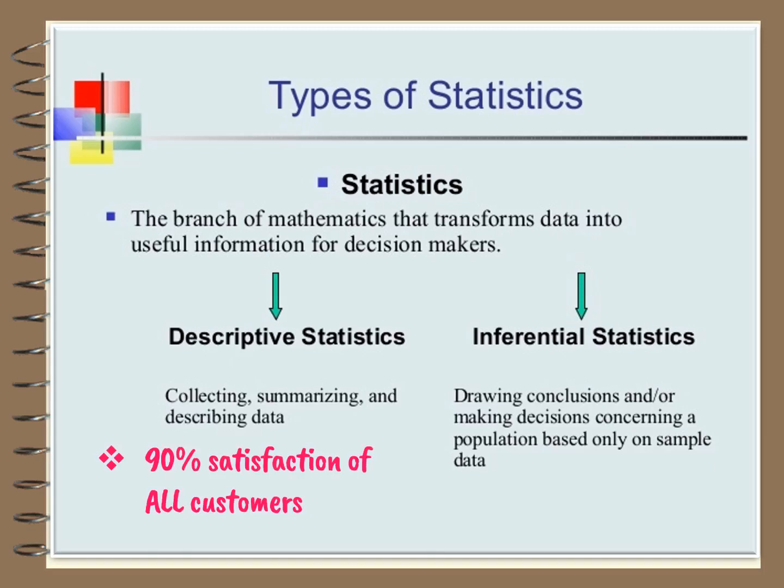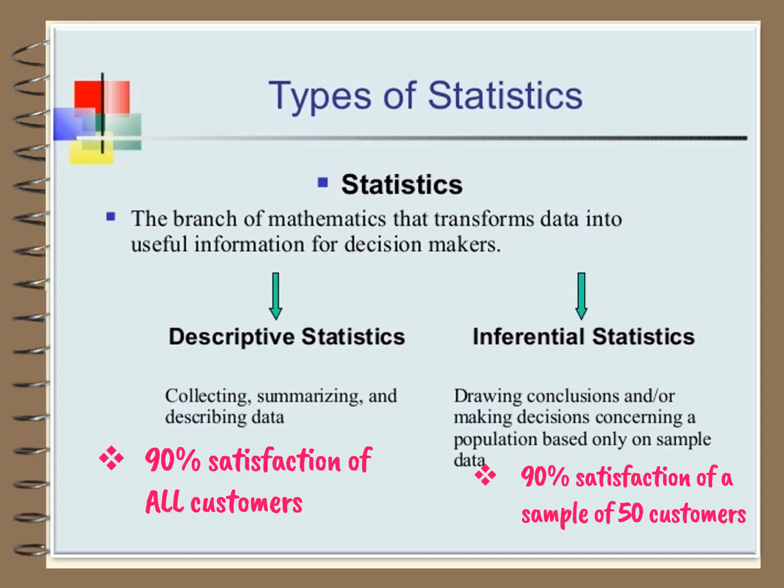Now, if we use inferential statistics, instead of gathering data from all the customers, we will only use a sample. For example, we'll get 50 customers. Those 50 will be the representative of the entire population. After getting the information from those 50, we can make a conclusion that 90% of them have a satisfaction rate.